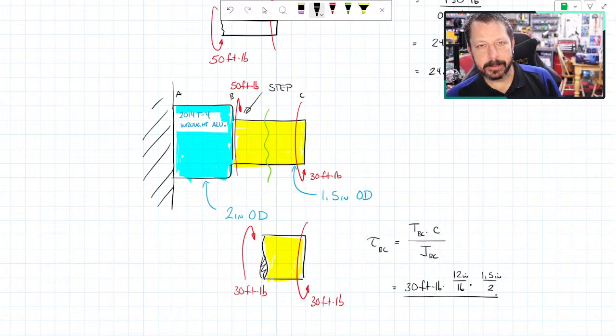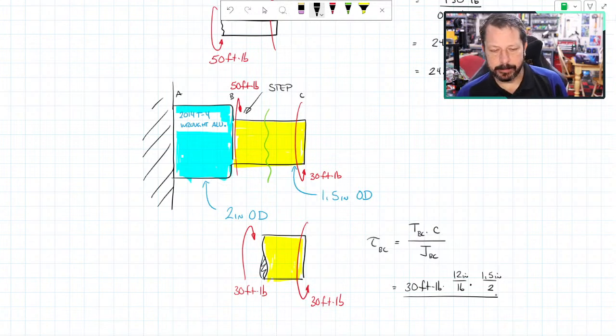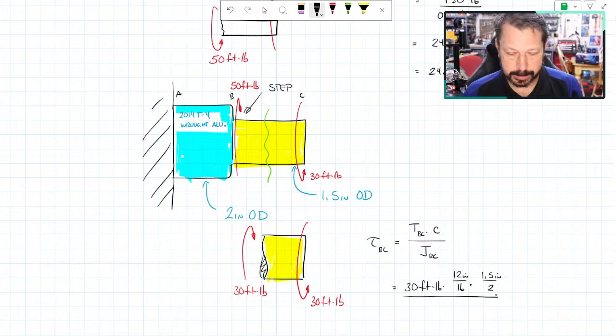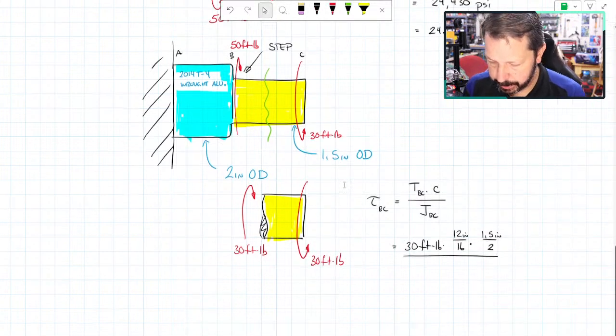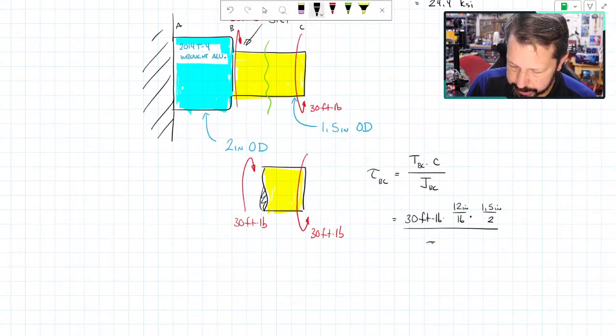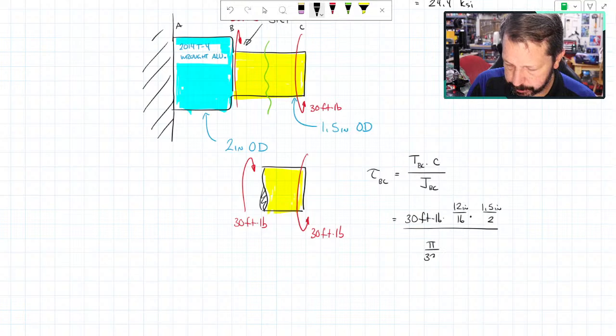I haven't made any kind of hollow shaft yet. We'll do one of those next, and we're about done with shear stress. Maybe we'll look at a web work problem. So pi over 32, we'll use the diameter equation, 1.5 inches to the fourth.